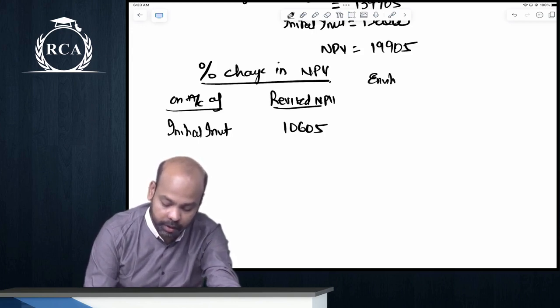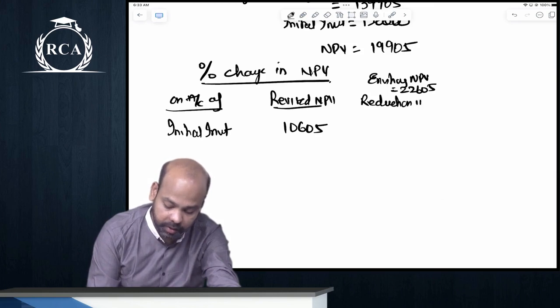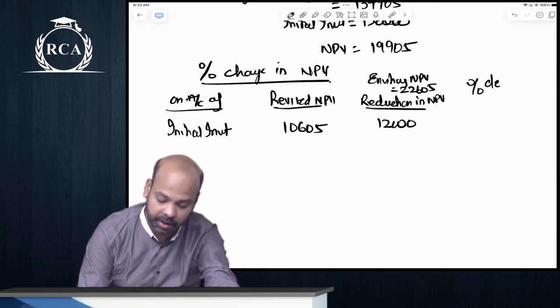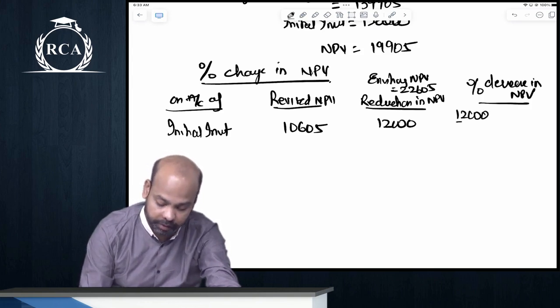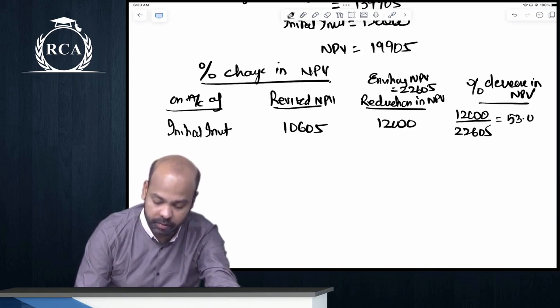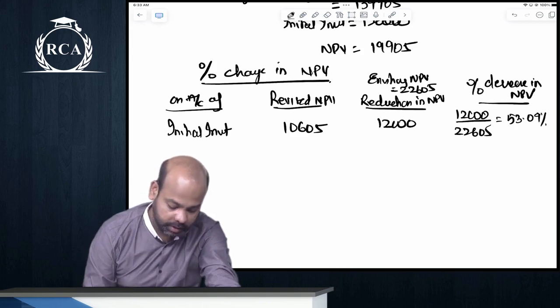You know, beta, that your existing NPV, beta, was 22,605. So what is the reduction in NPV, guys? Reduction in NPV in absolute terms is 12,000 rupees. Percentage reduction, decrease in NPV: 12,000, beta, you're going to divide by 22,605 and that is 50.09%.